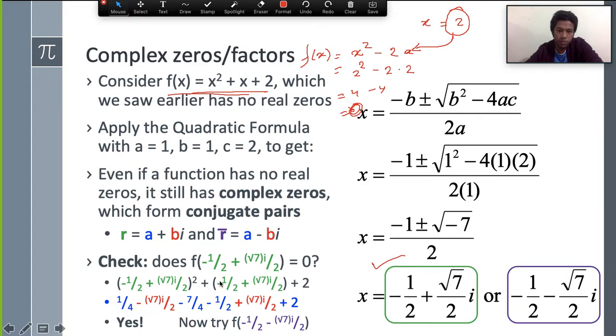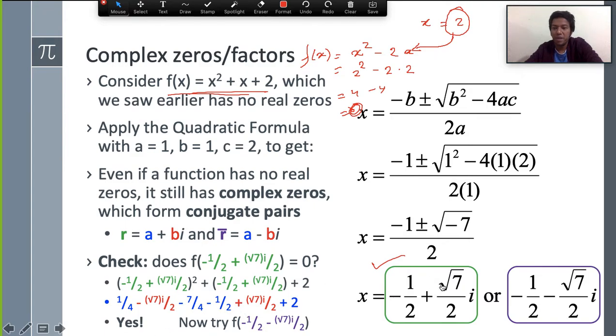See, 1/4 minus 1/4, this and this. If you just do it, you will see that all of them will cancel out. This is 1/4, this is minus 7/4, this is minus half. Together all of these numbers become 2, and then this is √7 i / 2, this is minus √7 i / 2, they will cancel out. This 2 is positive, and all the fractions here will make a 2, and that will cancel out each other.